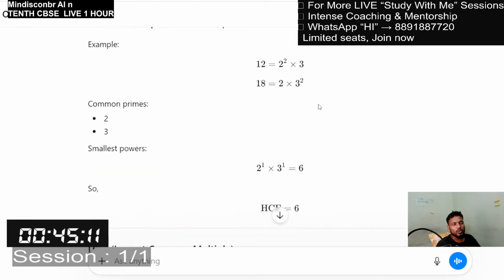There is no condition that it should contain only common prime factors. For example, if there was another number whose prime factorization is 2 square into 3 into 5, and in 18 there is no 5, so 5 is not common, but while writing LCM you have to multiply it with that 5 also.